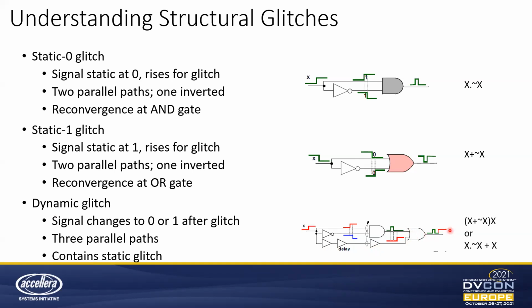So the expression to understand the dynamic glitch is a static 1 glitch combining with some third path to create a dynamic glitch. Similarly, a static 0 glitch combining with some other path creates a dynamic glitch.